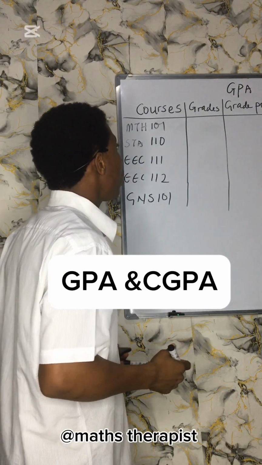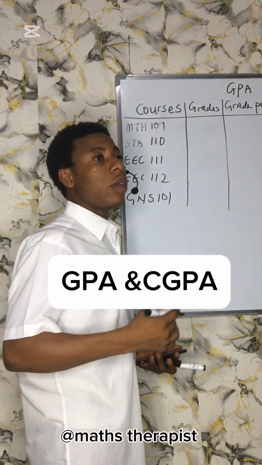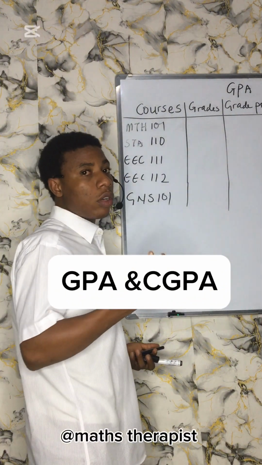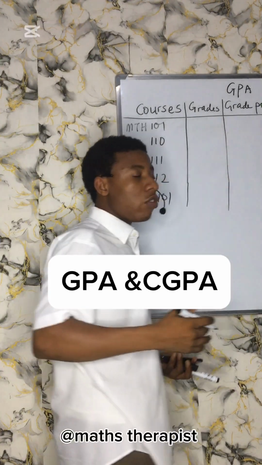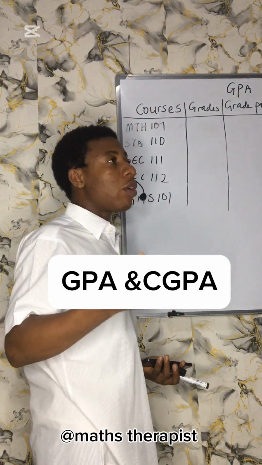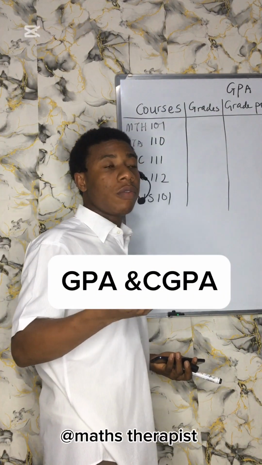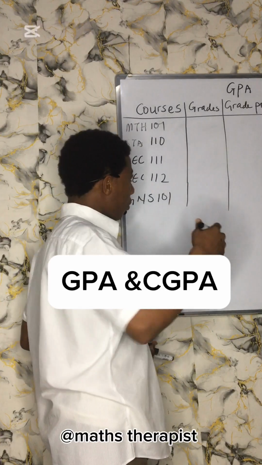So what do we do now? What are the grades? The grades are probably A, B, C, D, or E. Now, each university or polytechnic has its own grade point. Like in Nigeria, A is 5, B is 4, C is 3, like that.